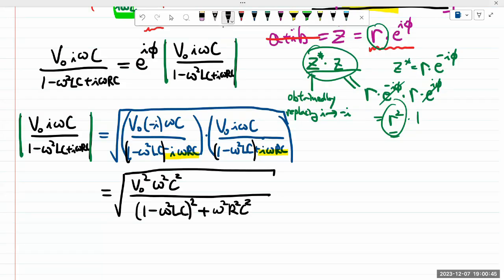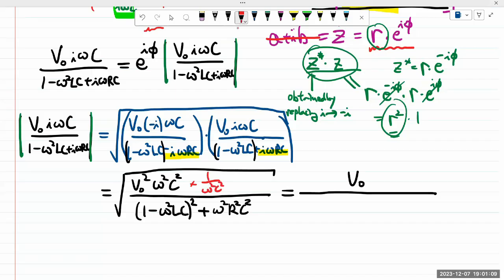I guess I can simplify this a little bit, maybe. So let me do this. I'm going to do two operations at the same time. I'm going to pull out V naught squared, or pull it out of the square root, so it'll just become V naught. And then I'm going to multiply top and bottom within the square root by 1 over omega squared C squared.